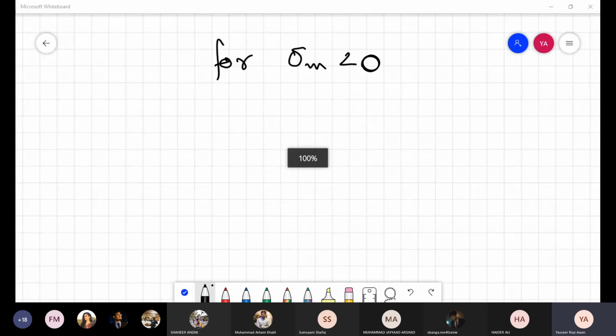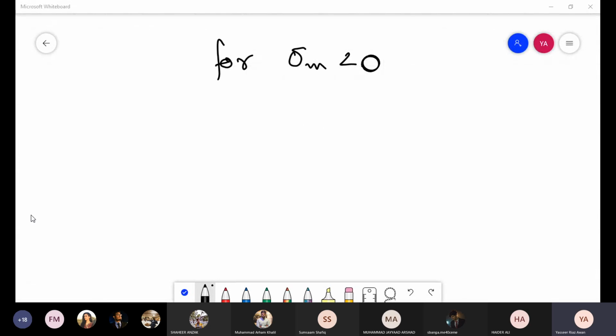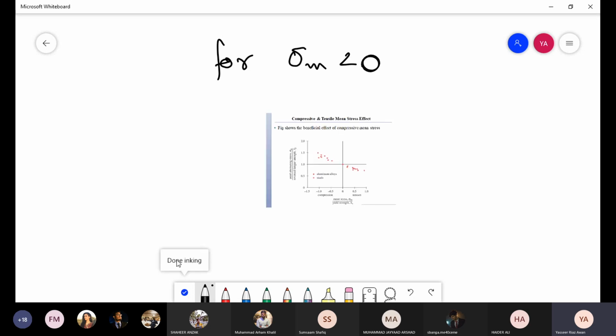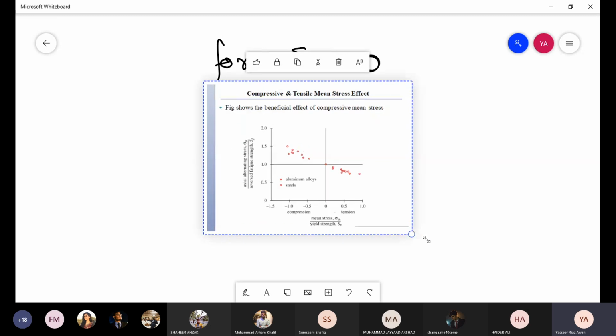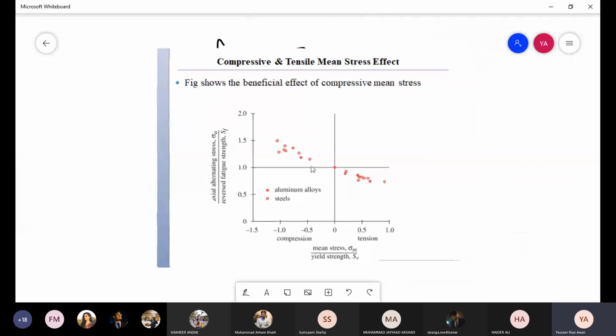As I said previously, intuitively we have also talked about the residual stresses, that when you have compressive residual stresses, generally you have better fatigue life. So we can estimate that sigma m less than 0 would generally be better in terms of fatigue, and the tests also indicate that.